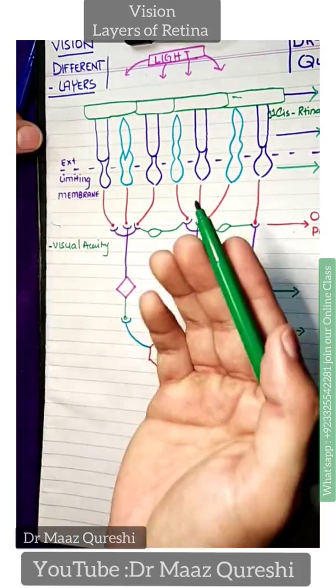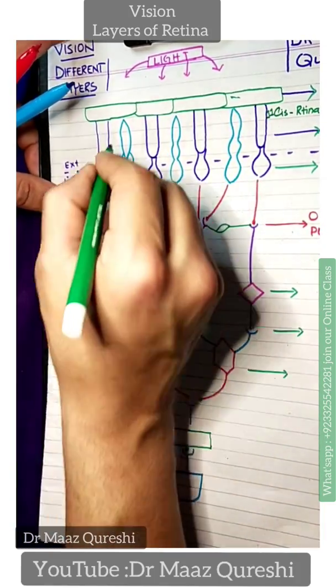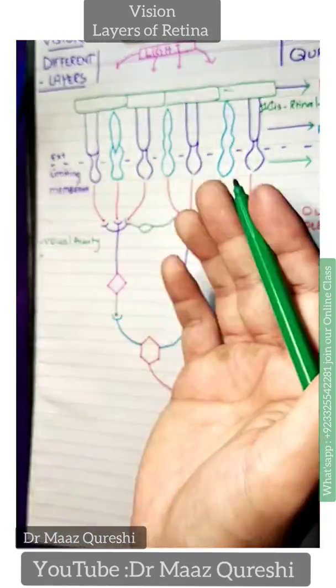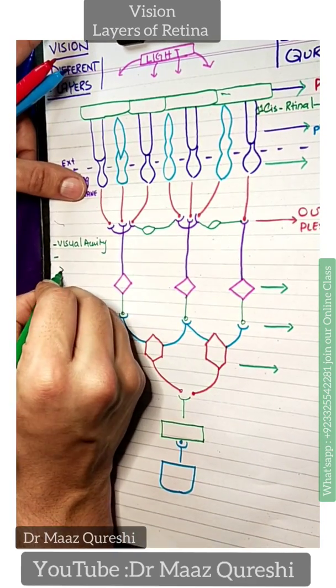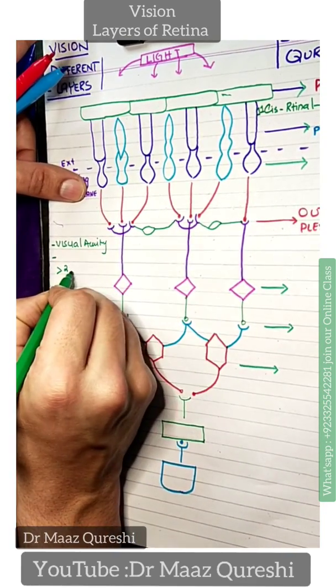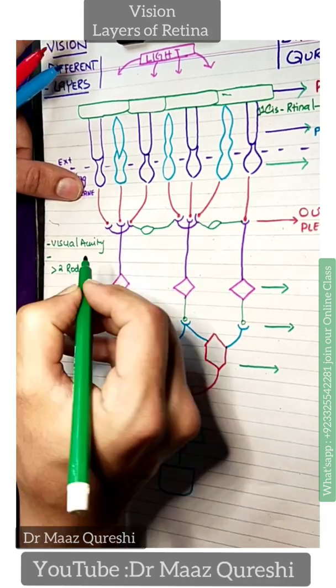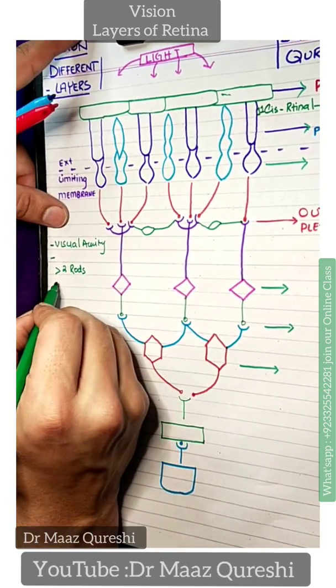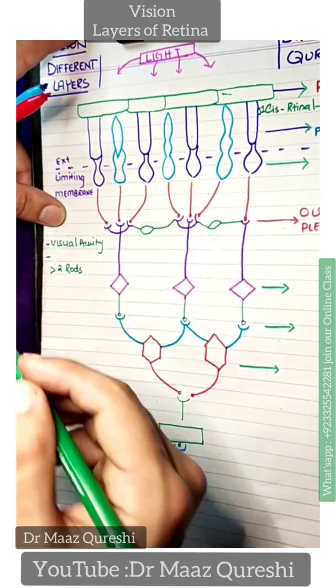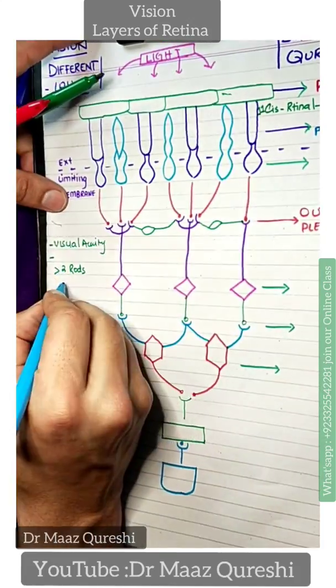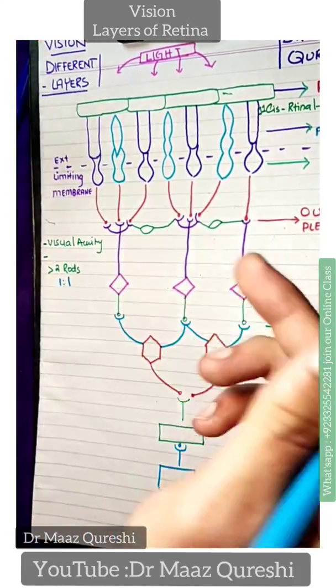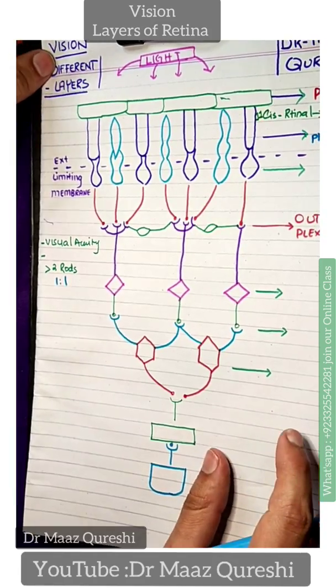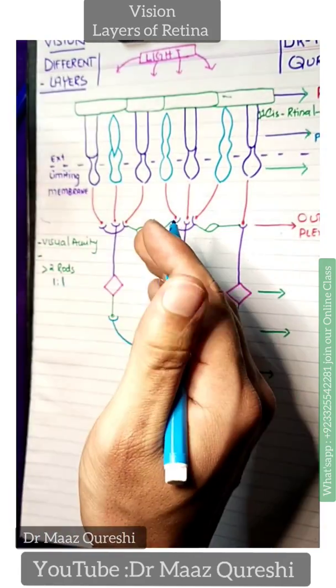On the other hand, rod does not, because more than one or two rods would synapse with bipolar cells, and on the other hand, cones would have a 1:1 synapse with the bipolar cells.